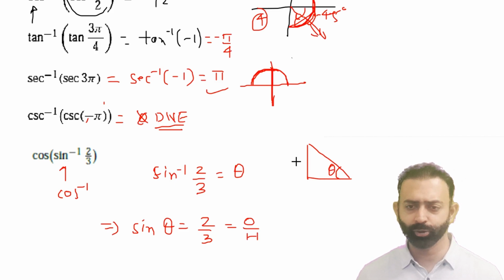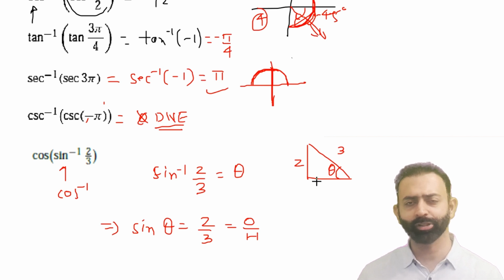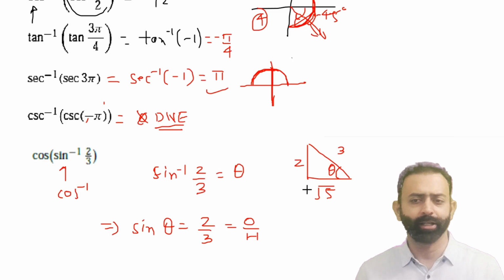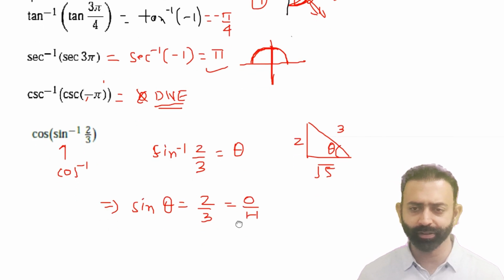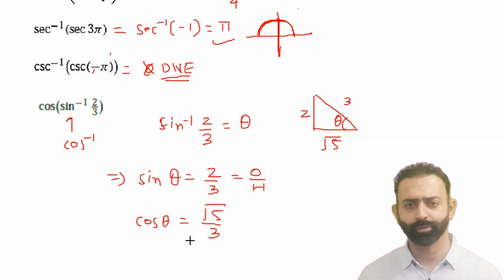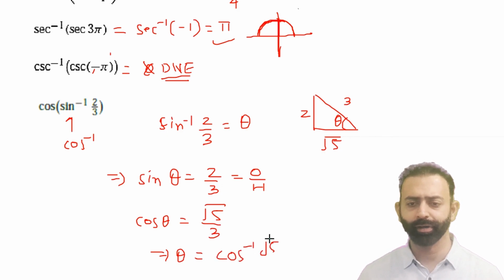So opposite is 2 and hypotenuse is 3, so adjacent comes out, using the Pythagoras theorem, as root 5, right? 9 minus 4 is 5. So from this triangle I can write cos theta as adjacent over hypotenuse, root 5 by 3. That means theta now comes out in terms of cos inverse as cos inverse root 5 by 3.